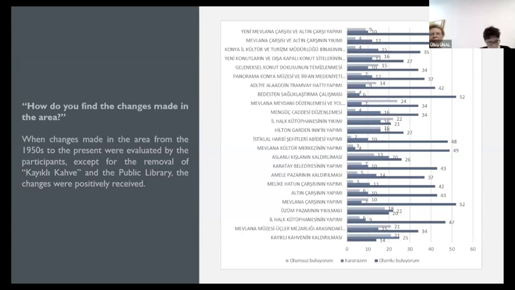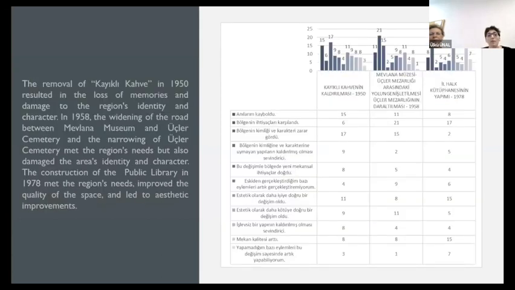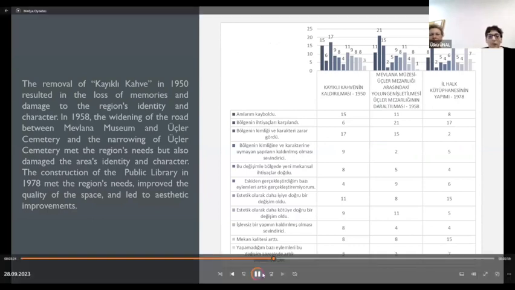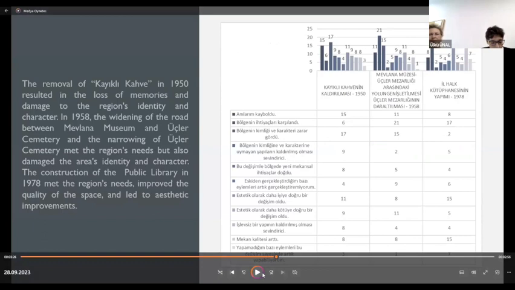Changes made in the area from the 1950s to the present were evaluated by participants. Removal of Kıyıklı Kahve, widening of the road between Mevlana Museum and Üçler Cemetery, the narrowing of Üçler Cemetery, and the construction of the public library.